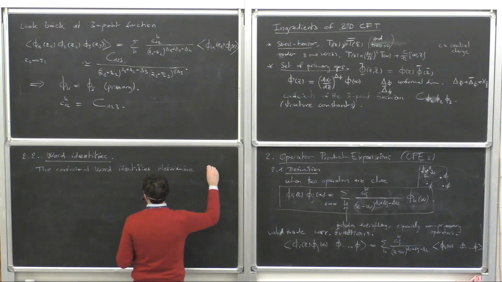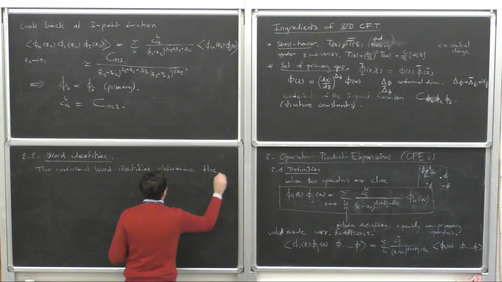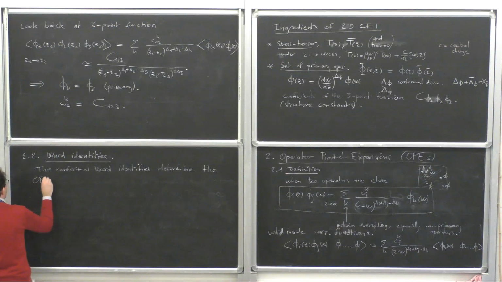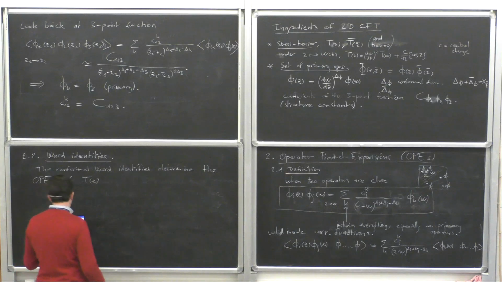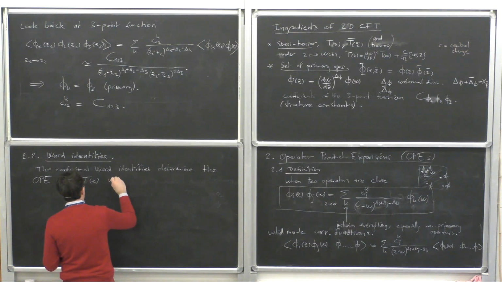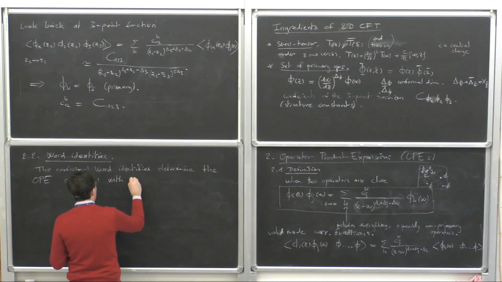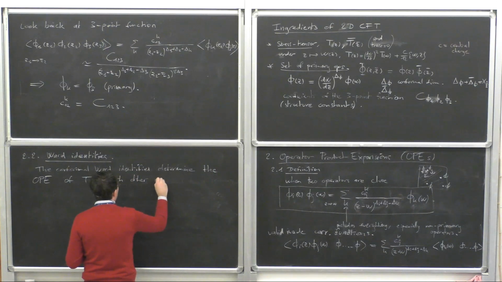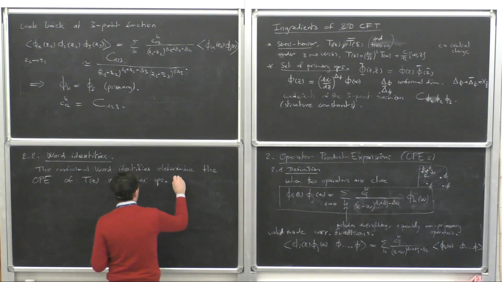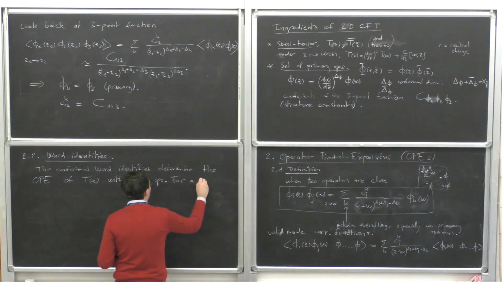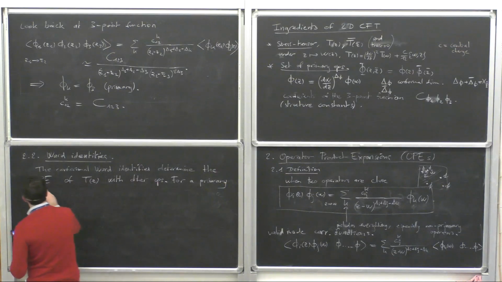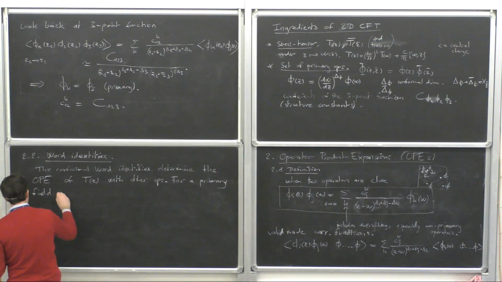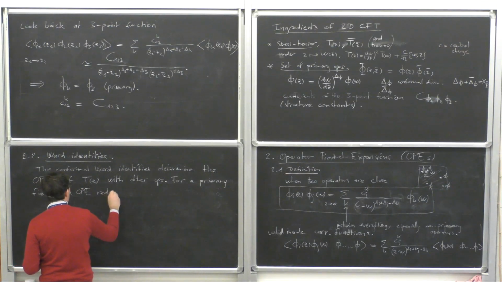So the conformal Ward identities determine the operator product expansion of the holomorphic and anti-holomorphic components of the stress tensor, T of z, with the other operators. And in particular for a primary field phi, the OPE reads as follows.